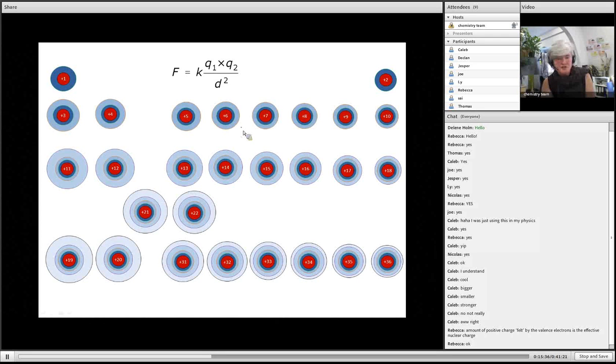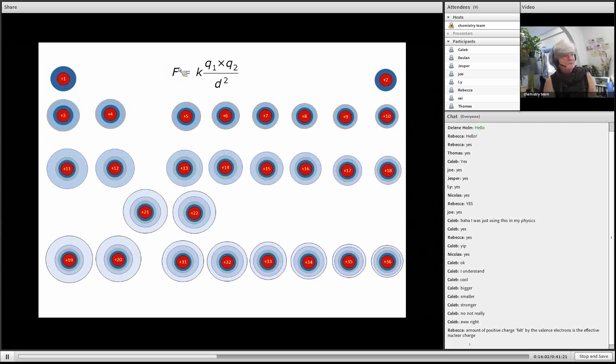Okay, so as my nuclear charge is increasing, so if Q1 is increasing, what do you think is going to happen to F? Do you think F is going to get bigger if Q1 is increasing? Not sure?